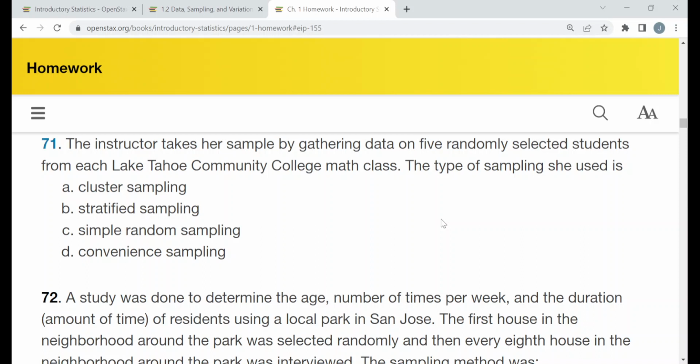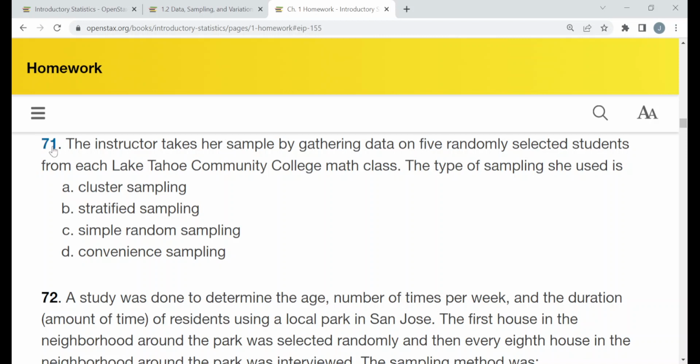So we could think of these math classes as strata. They're groups. The population of math students is broken up into these groups, these classes, and then the instructor takes 5 from each class, from each stratum. This would definitely be stratified sampling.